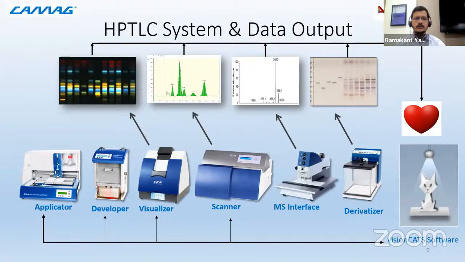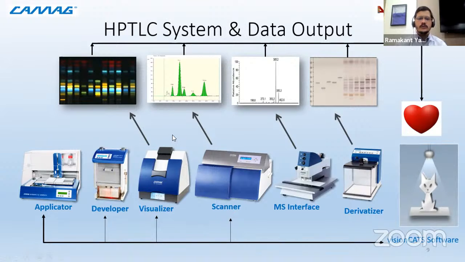Or if we want to do further investigation, characterization and structural elucidation, we can use IR, NMR, etc. techniques also. So HPTLC-IR, HPTLC-MS, HPTLC-NMR hyphenation is possible through the TLC-MS interface.